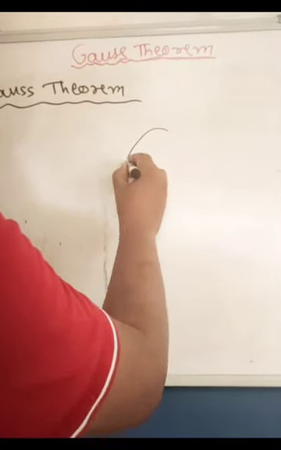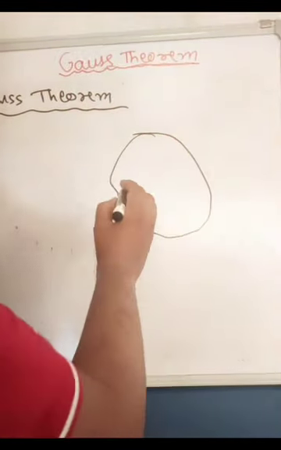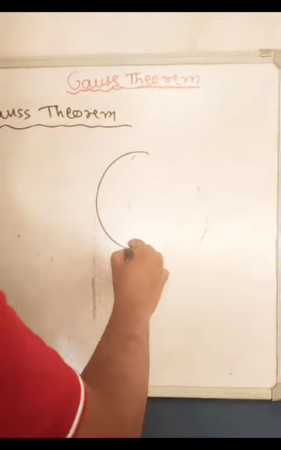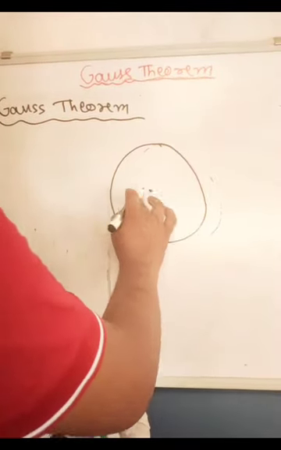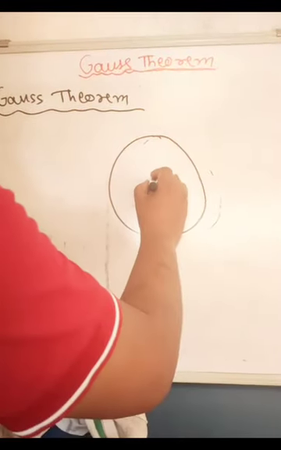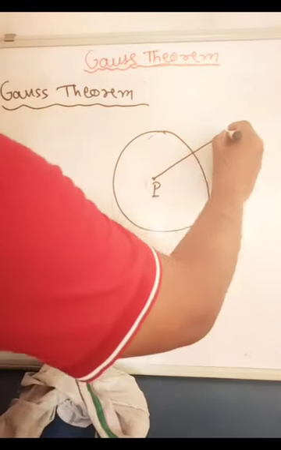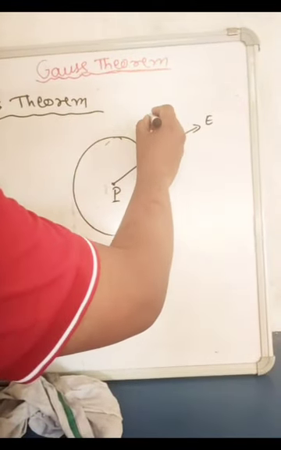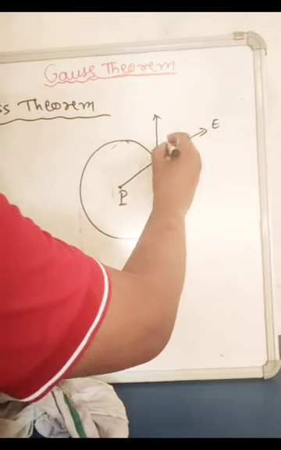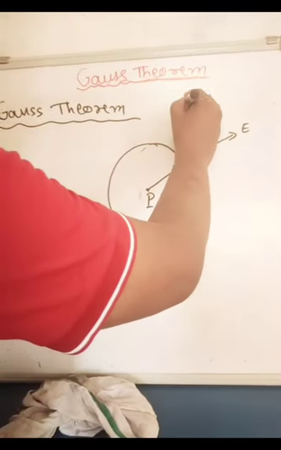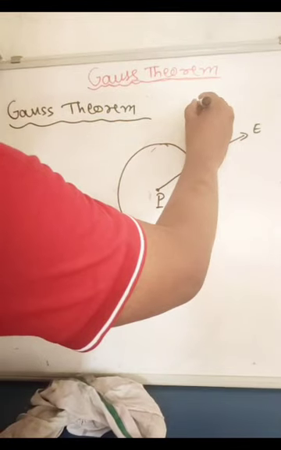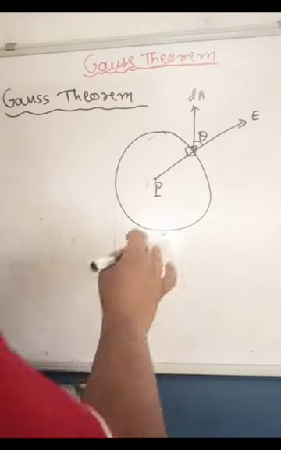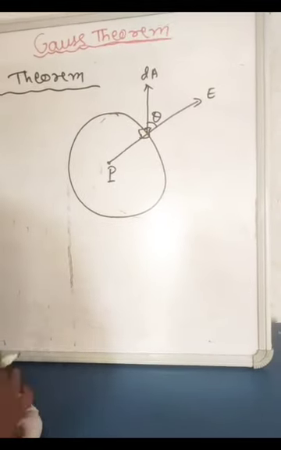Let me draw a diagram. It is a spherical surface. Suppose there is a charge Q at its center, and we have to calculate the electric field. Suppose that this is the area vector, which is perpendicular to the surface of the sphere.